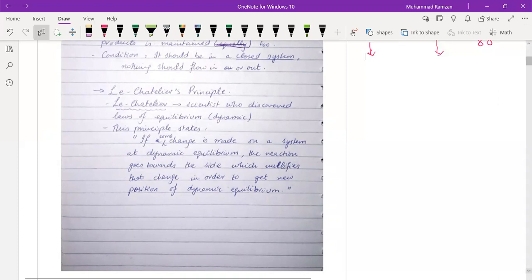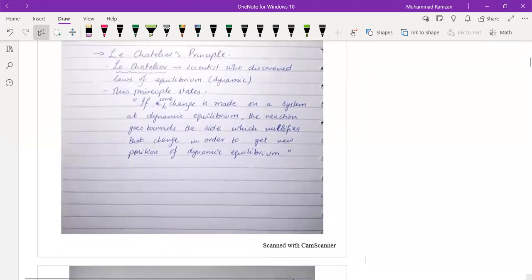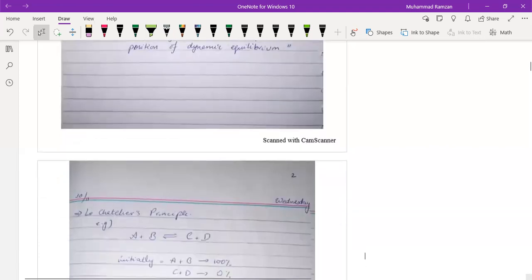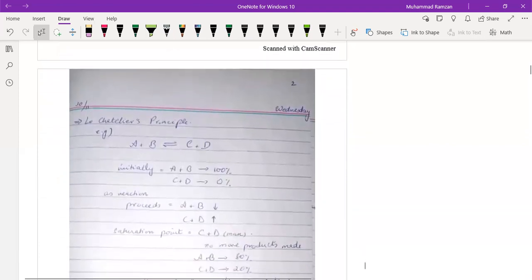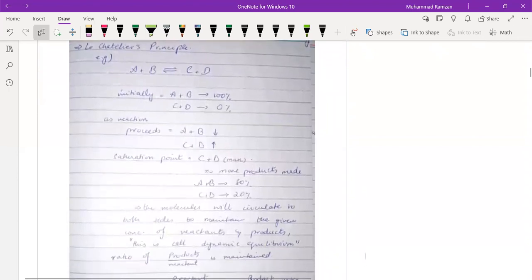Next is the same example I have given you, like there are reactants A plus B reversible C plus D. This is reversible and it is under dynamic equilibrium.